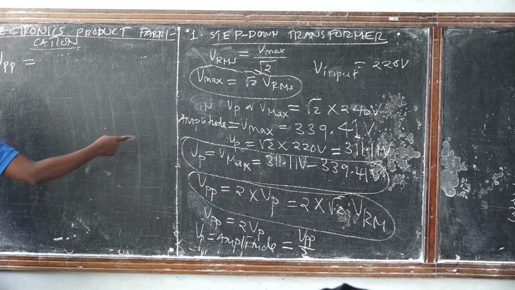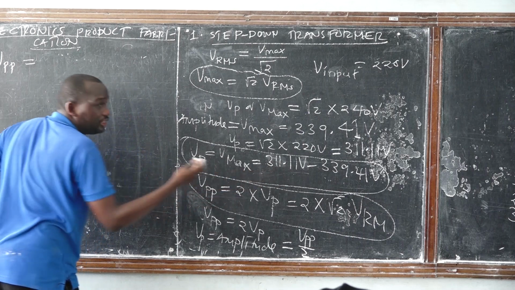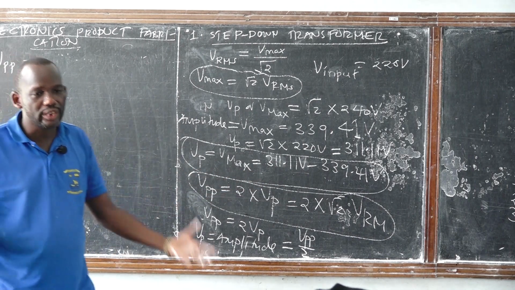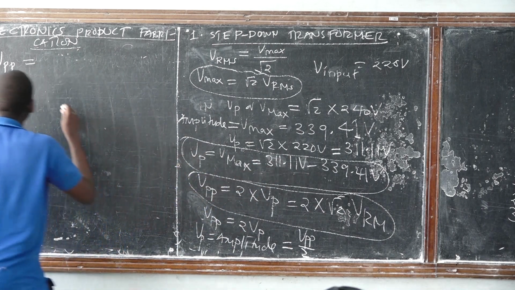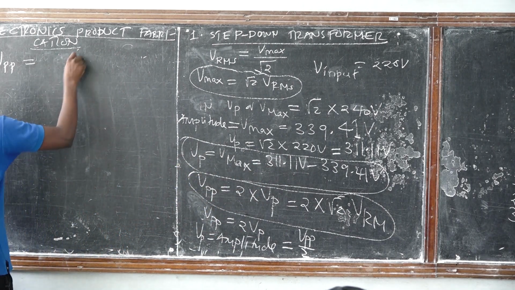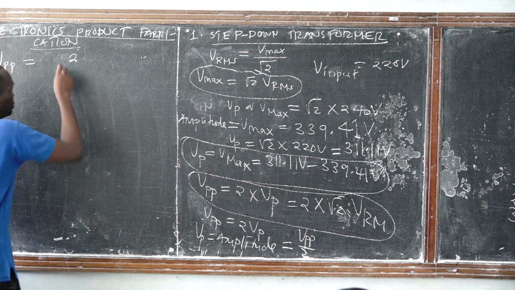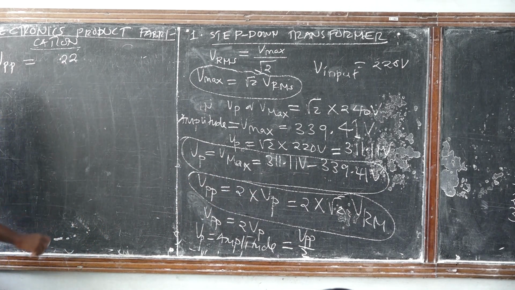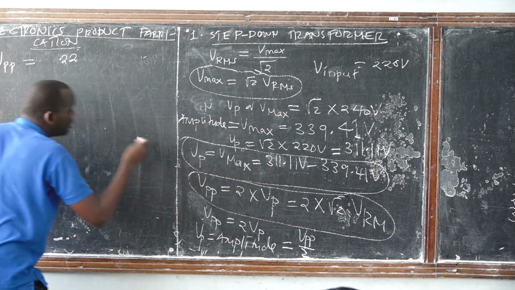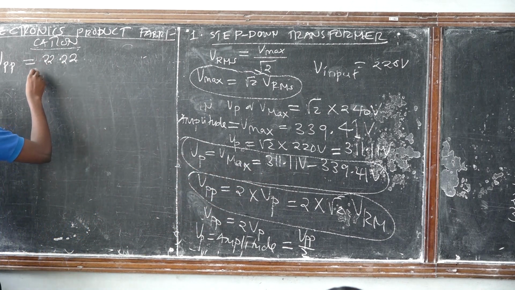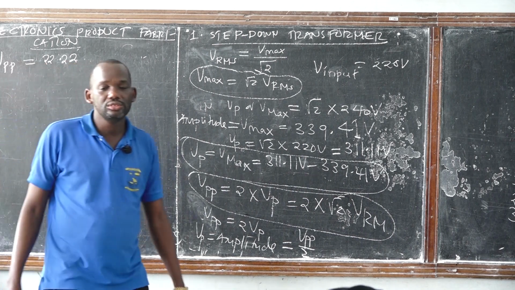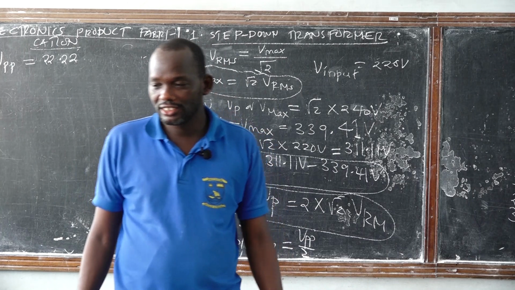It's simple. You just take this one, multiply by 2. Why are you using a calculator? 2 times 1.2. Is there a need of using a calculator? Tell your neighbor, 2 times 2 is equal to what?